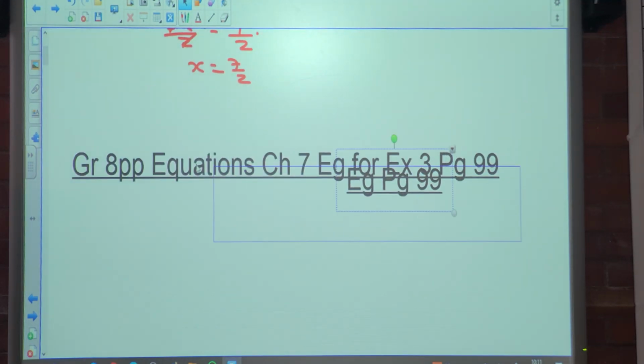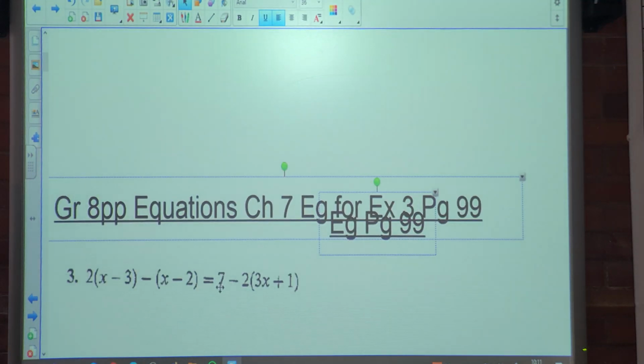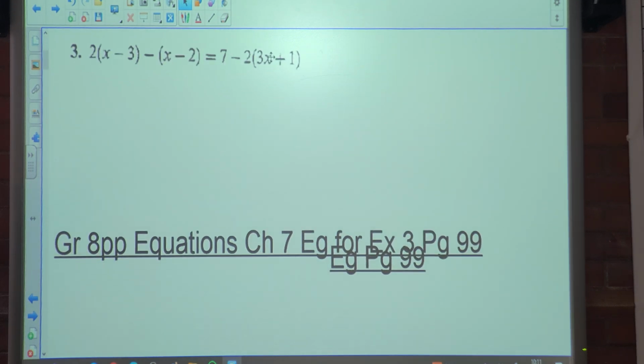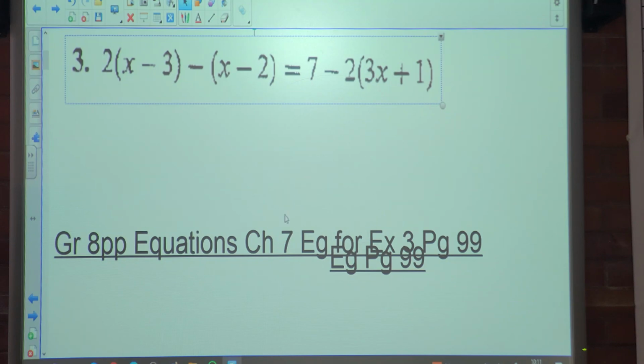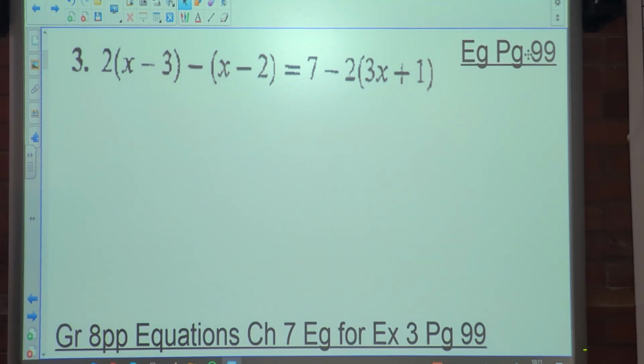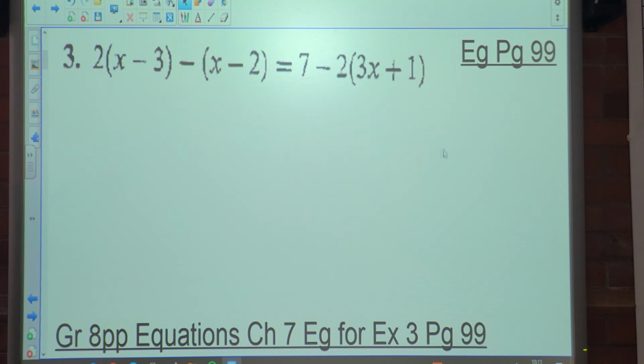Alright, let's look at the last example before we go into a little exercise. Spice up your life a bit. So write that down. And then you do the first step only.